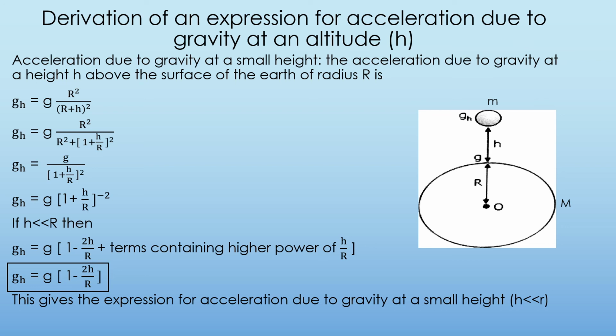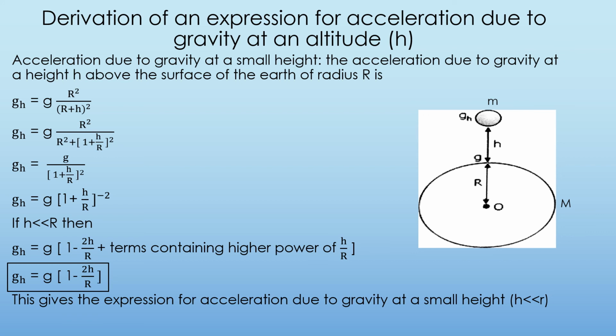R square gets cancelled. So g_h is equal to g by 1 plus h by R whole square. Again we can write g_h is equal to g into 1 plus h by R whole raised to minus 2.